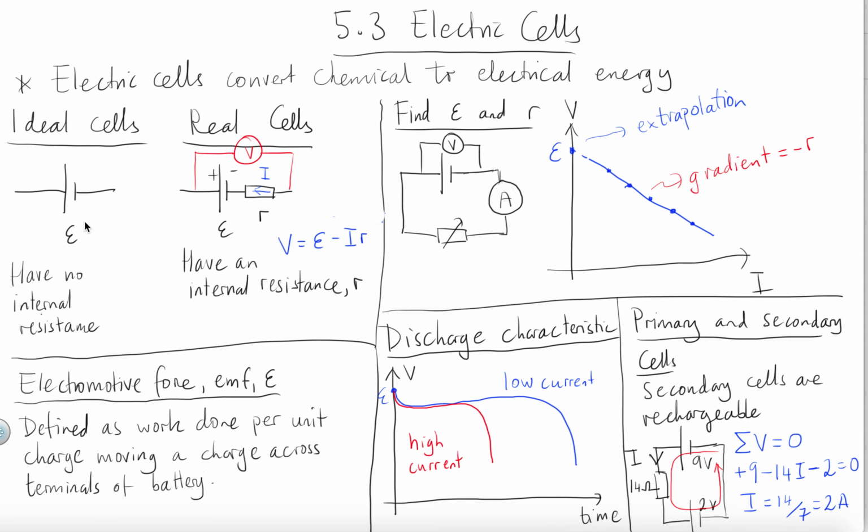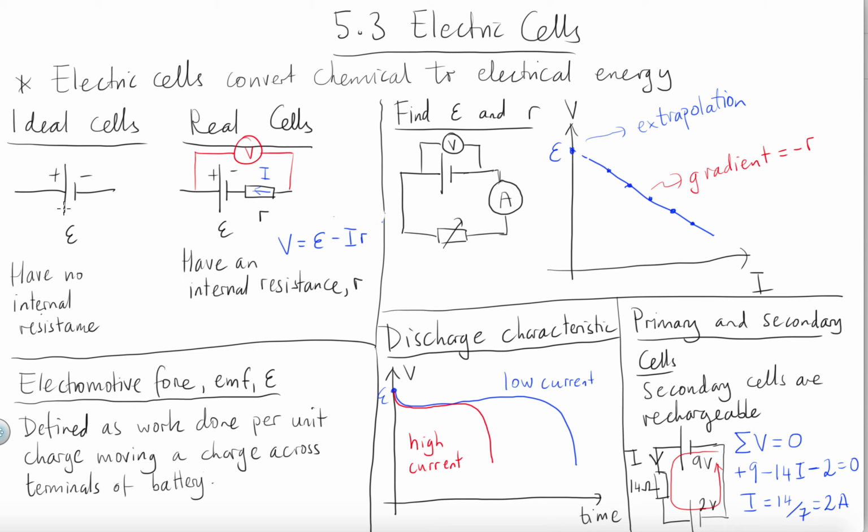So in an ideal cell, firstly maybe let's just define the concept of electromotive force, epsilon, or EMF. It's basically defined as the work done in moving a charge across the terminals of a battery.